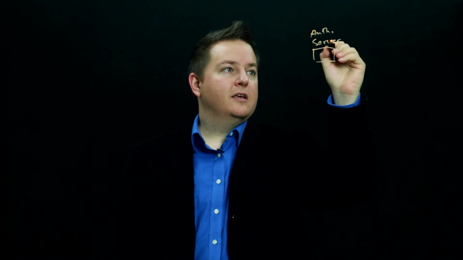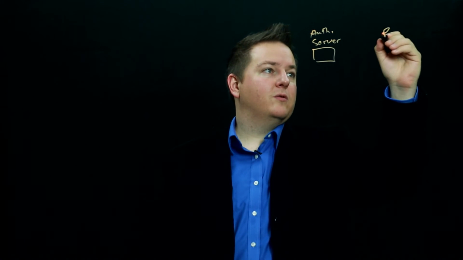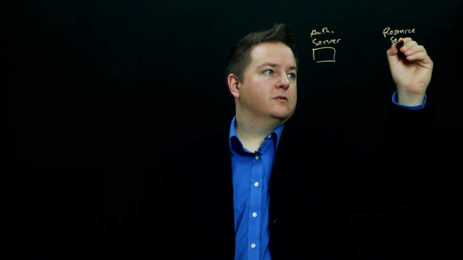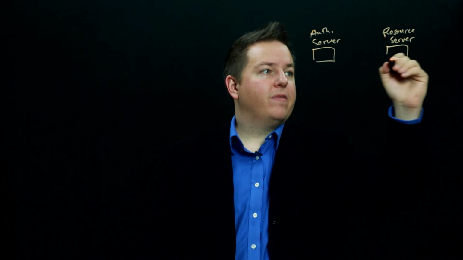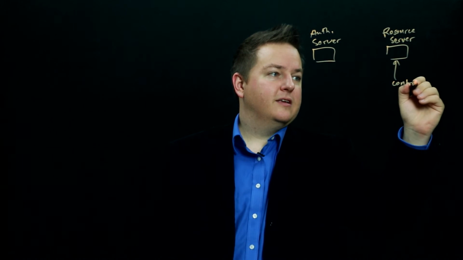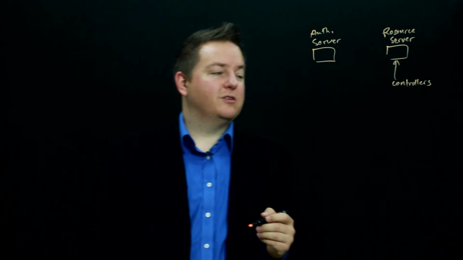So if we go back and look at the way this works, we have our auth server or our authorization server, and then we have our resource server. And again, this is your controllers and the methods on them, which are the resources.